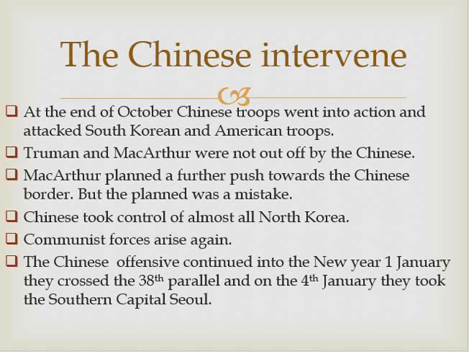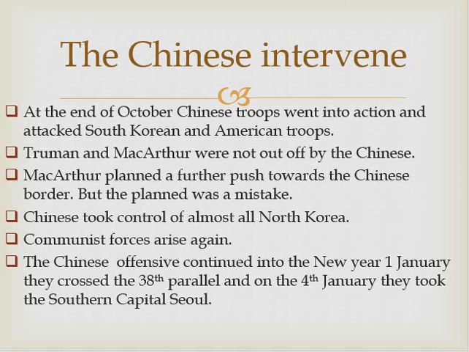The Chinese intervened finally. At the end of October, Chinese troops went into action and attacked South Korean and American troops. In November, the South Koreans and Americans were forced to retreat.